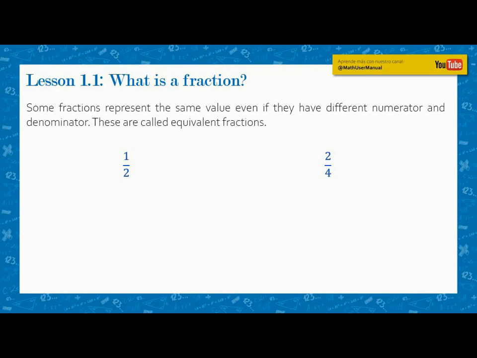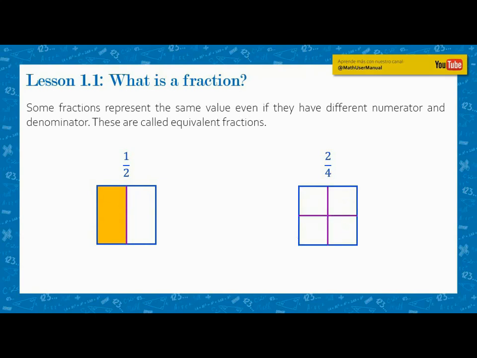Let's paint the left fraction first. That's 2 in the denominator, 1 in the numerator. So 2 equal parts, only 1 part painted. The right fraction, 4 equal parts, two of those parts painted. So those two squares represent our two fractions. Then what happens if we put them together?